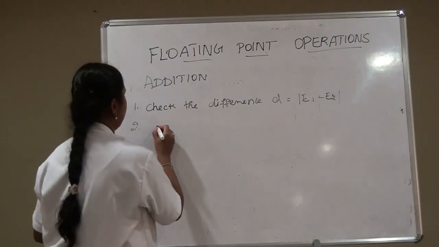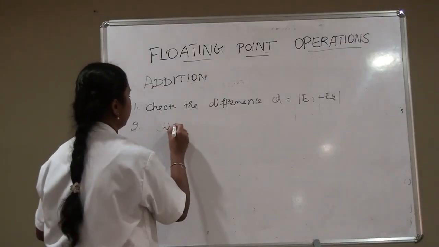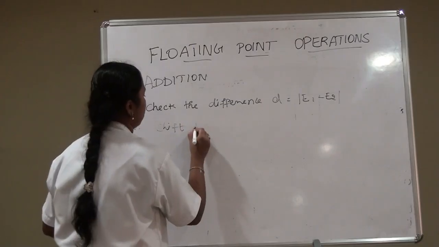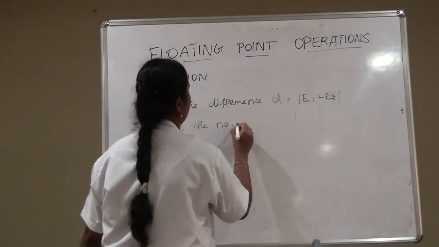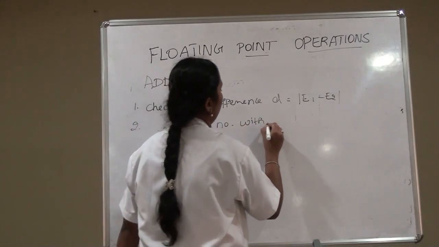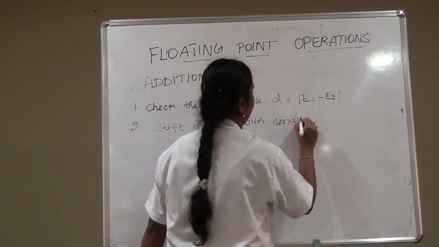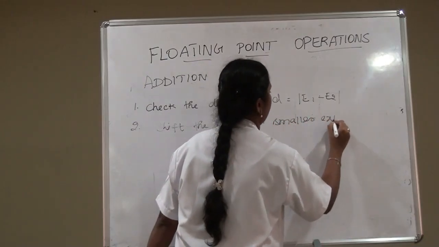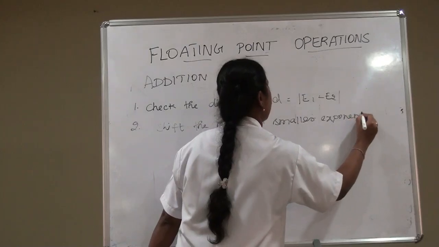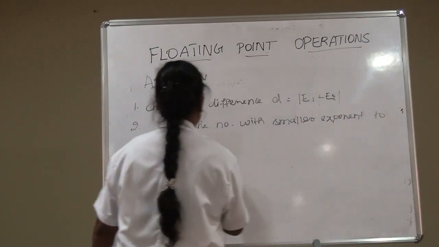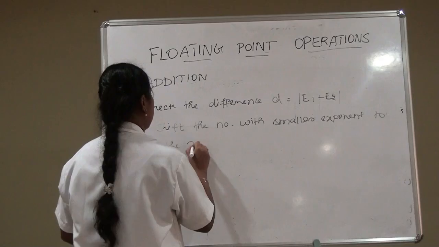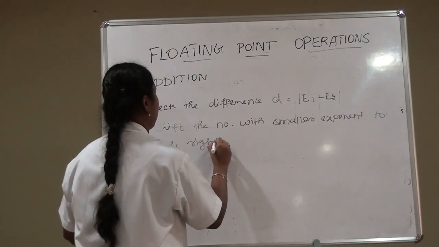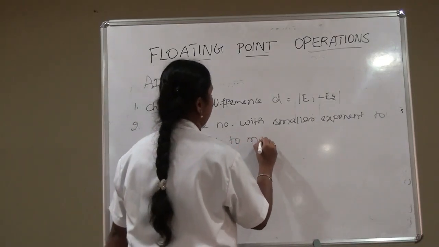So what we have to do is shift the number with the smaller exponent to the right to make it equal to the larger exponent.